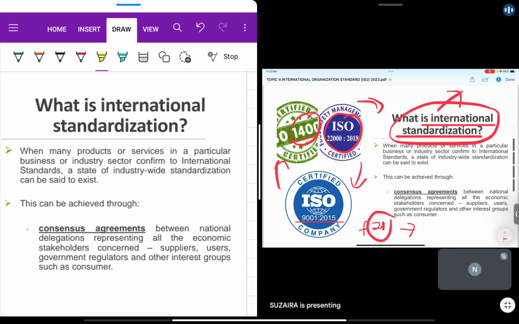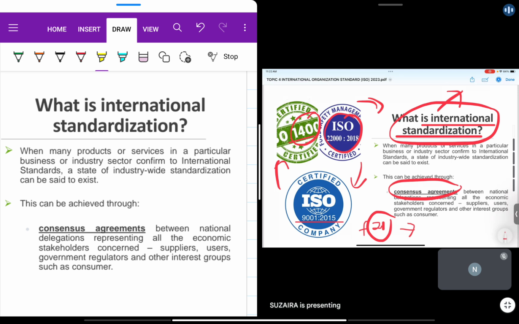Okay, the consensus agreement is important because, let's say we just take Malaysia as a country, to develop an MS Malaysian standard, we have people from industry as stakeholders, then we have people from the government, private agencies, universities or academicians, and researchers.